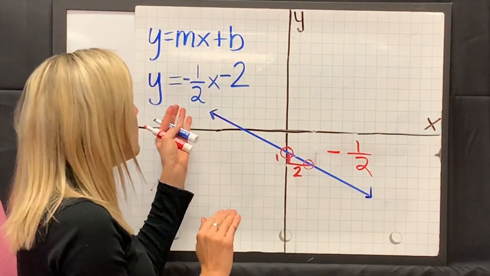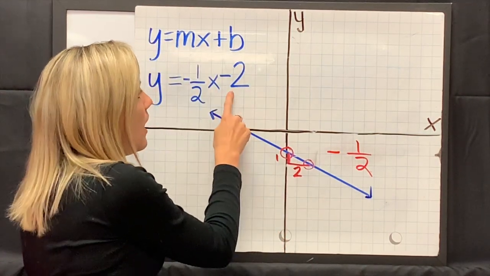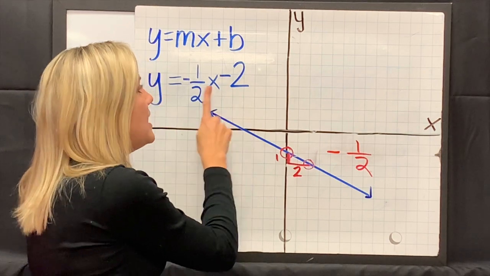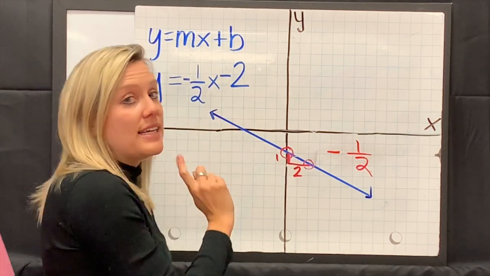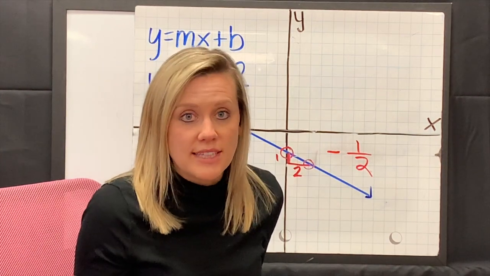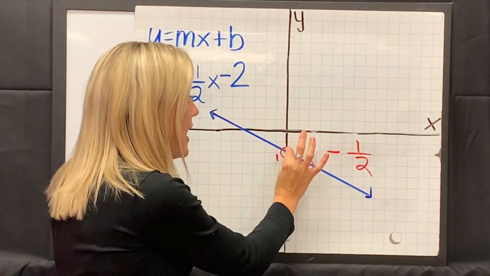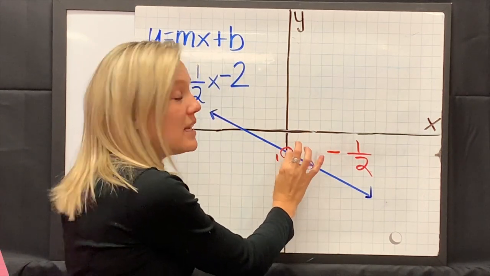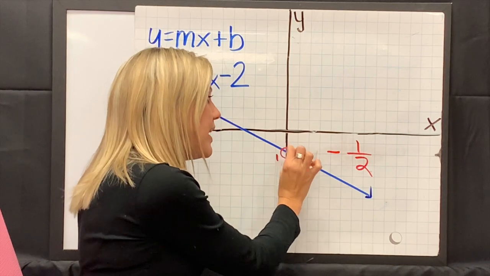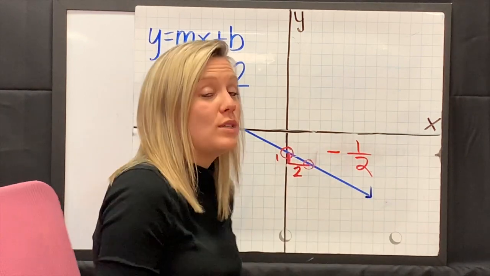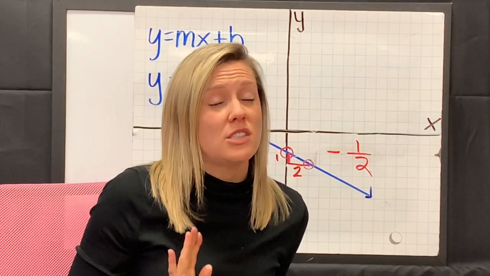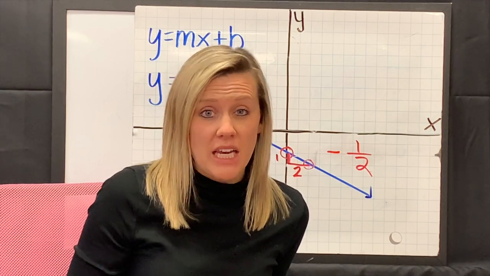A scenario that would go with this is like, I am $2 in debt. Every hour I spend $0.50 or 50 cents. So I would start at -$2 because I'm in debt, and then every hour that goes by, my line is going to keep going down because I just keep spending money.